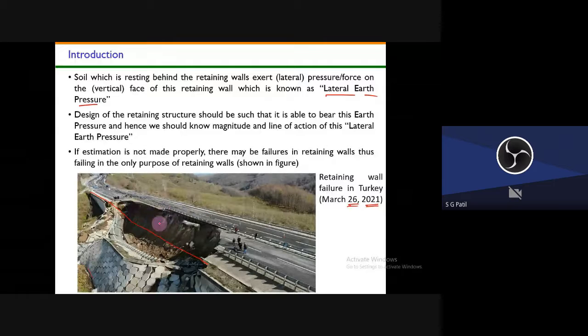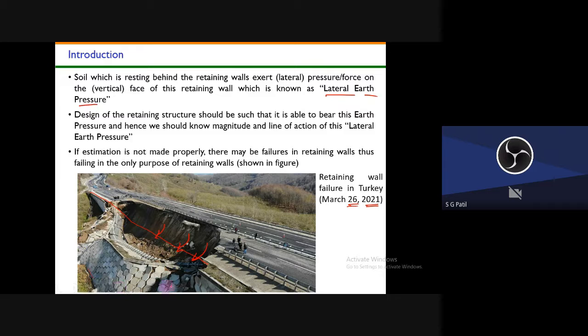Whatever soil is there will try to slide down because of the narrow or very small slope provided for these embankments. The design of a retaining structure should be such that it is able to bear the earth pressure, and hence we should know the magnitude and line of action of this lateral earth pressure, as I explained in my starting slides.